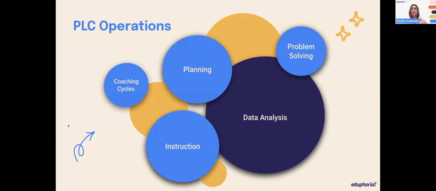Then we can build in those strategies that help support classroom management or student discourse. So the focus is not necessarily on classroom management strategies, but through the student learning and these strategies that we would implement, we can work on classroom management and student discourse.